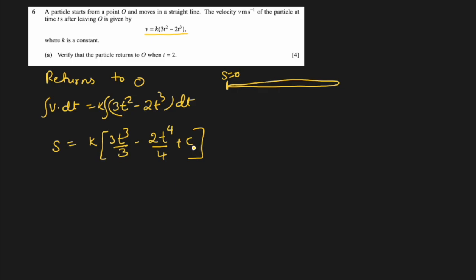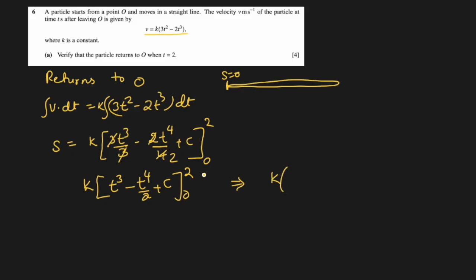Okay, and this has to be 0 when time is 2. That means from 0 to 2 we have to show that it is 0. Okay, so k, 3 and 3 cancel, t cube. This also cancels. Minus t to the power 4 over 2 plus c from 0 to 2.